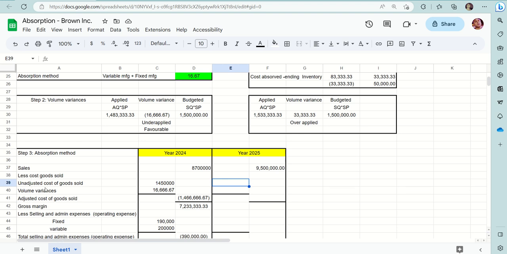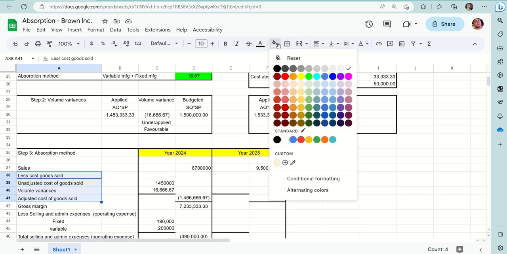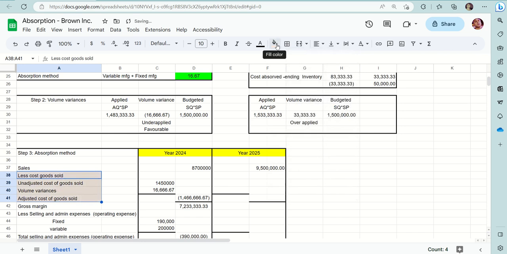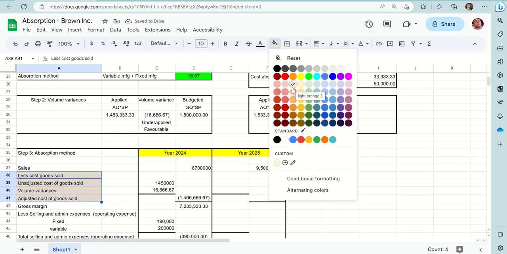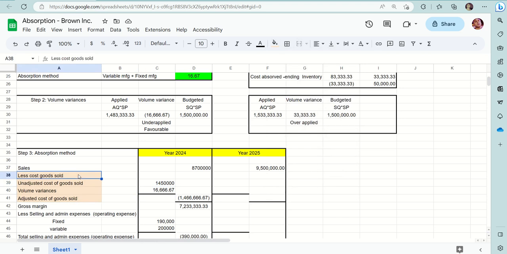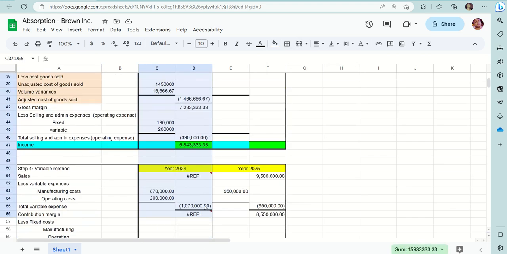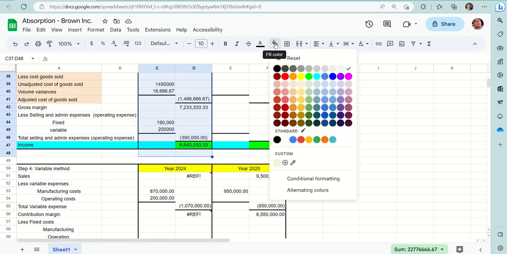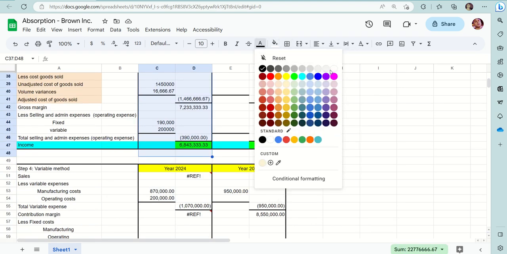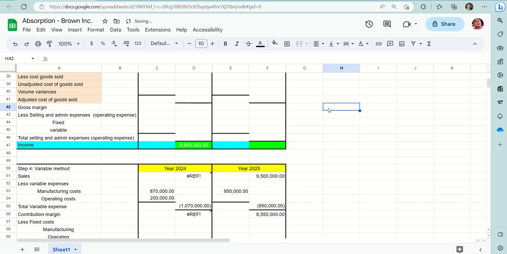To find out our cost of goods sold, we would have to structure this. I'm going to highlight this cell in light orange. We'll shade these cells so you'll be able to see that.